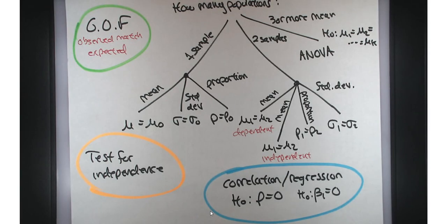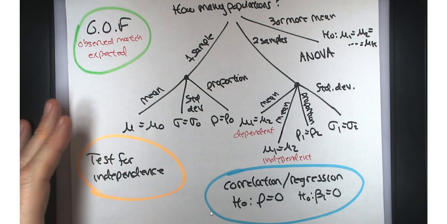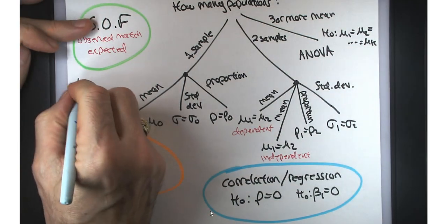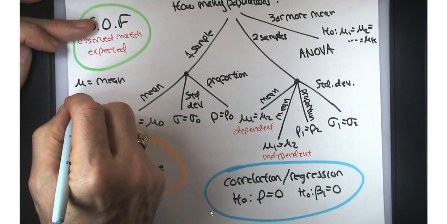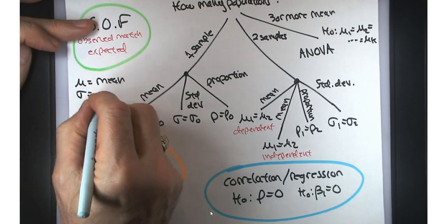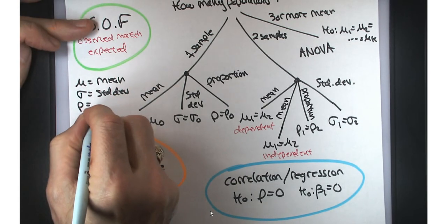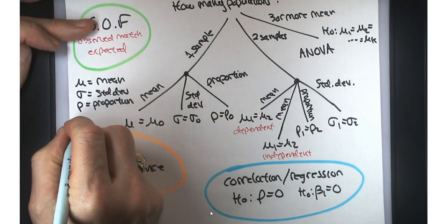You're going to have to logically pare your way down. What I would suggest is you try to decide which parameter you're testing. You're testing a mean, or you're testing standard deviation. Are you testing a proportion? Are you testing correlation?